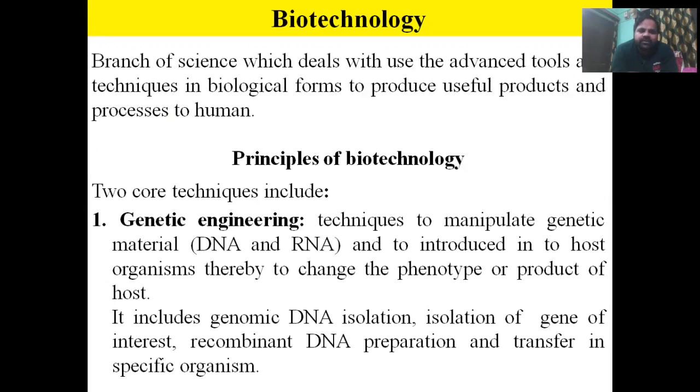It includes isolation of genomic DNA, isolation of the gene of interest, making of recombinant DNA, and transfer of this recombinant DNA to the organism. And after that, we receive the specific phenotype or product.